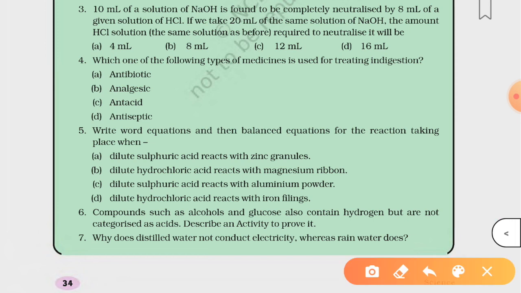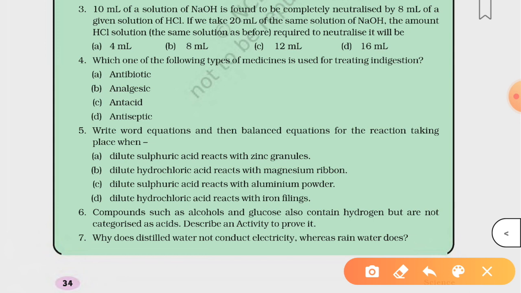Compounds such as alcohol and glucose contain hydrogen but are not categorized as acids. So we have to describe an activity for that. Okay. Look, alcohol and glucose contain hydrogen but are not categorized as acids just because they do not ionize to produce H positive ions and hence cannot conduct electricity.